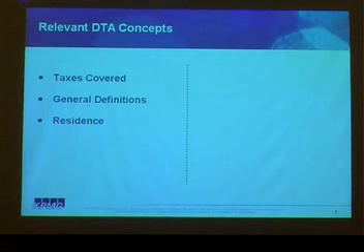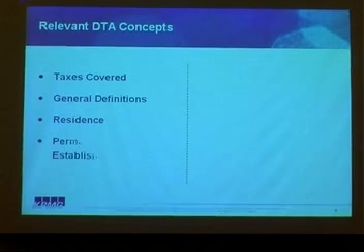But in my experience, I don't think I've ever found a DTA that covers RPGT. So it's always worth looking at the scope. There will inevitably be a general definition section. Residence is a key part of any DTA, as in order to be able to use a DTA, you must be a resident of one or other of the territories. Permanent establishment is very common.